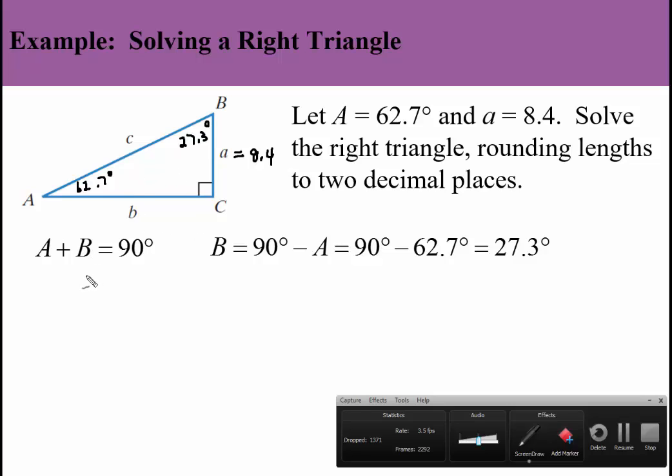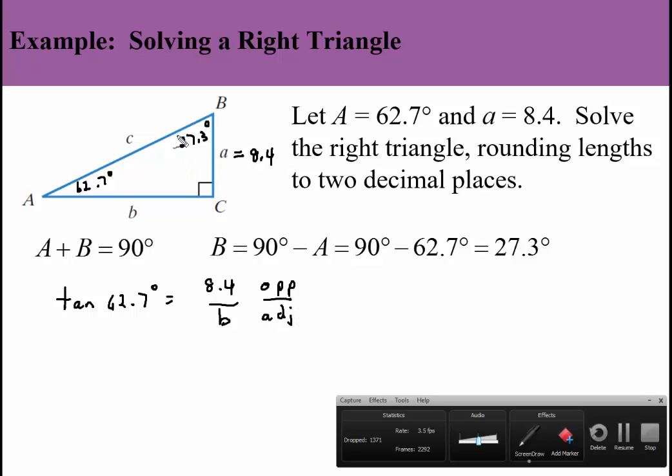What you need to see here is that there's a couple ways you could attack this. You could say the tangent of 62.7 degrees equals the opposite side, 8.4, divided by the adjacent side, B. So remember, tangent means opposite over adjacent.